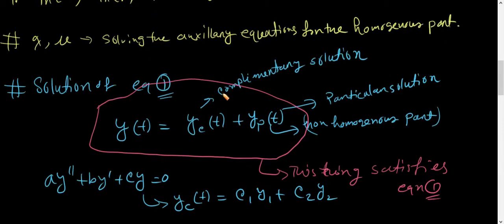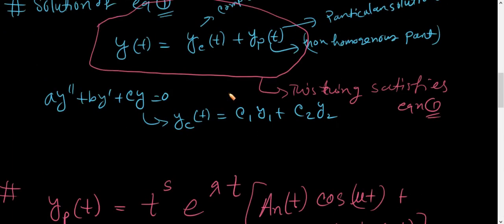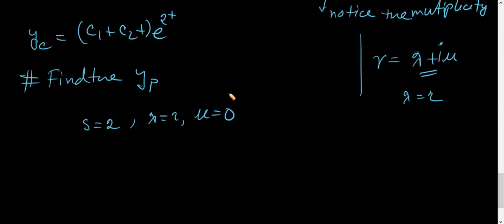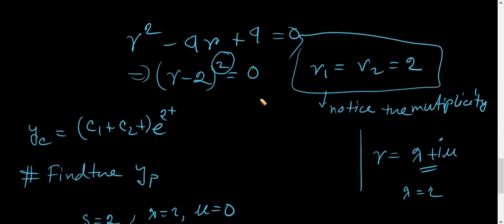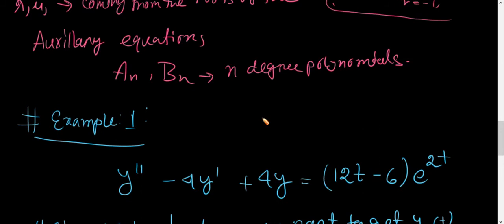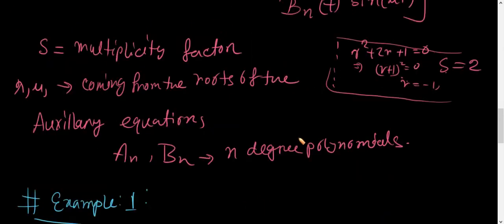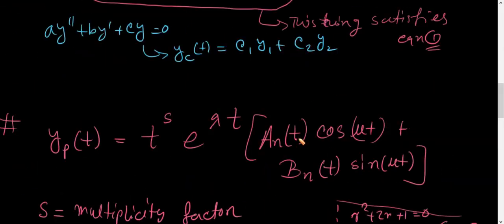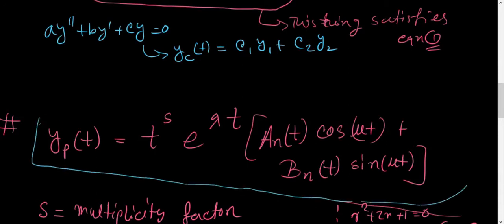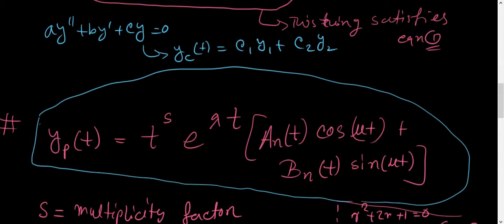So if that's the case, then we are almost through, and now we have to put these values, the values of lambda, mu and s, into this equation over here, since we are searching for a particular solution.